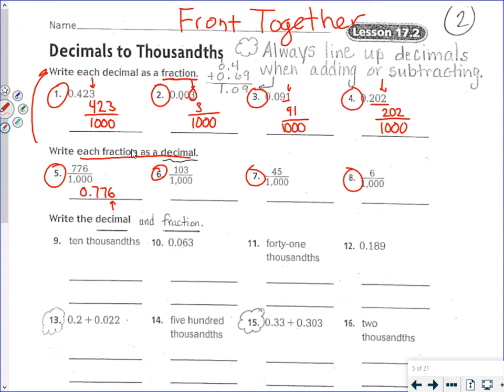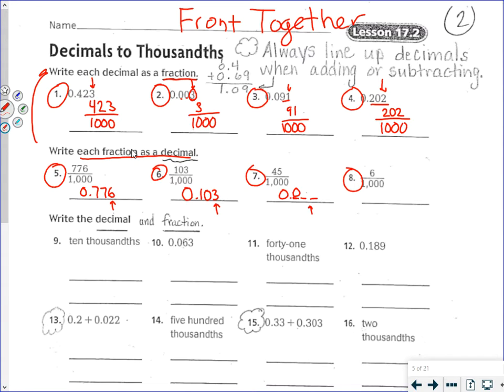Here we have 103 thousandths. Once again, 0.103 ends in the thousandths place value, so we're good to go. Now we have 45 thousandths. Remember, it has to end in the thousandths place value, so we don't have any tenths.